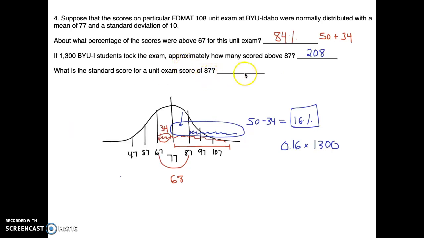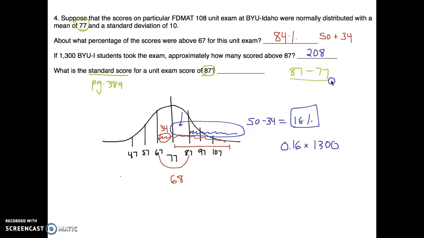Sorry, I forgot to switch. Okay, so we're going to do the data score, which is 87. This is page 389. So the data score 87, we're going to subtract the mean, which we know is 77.